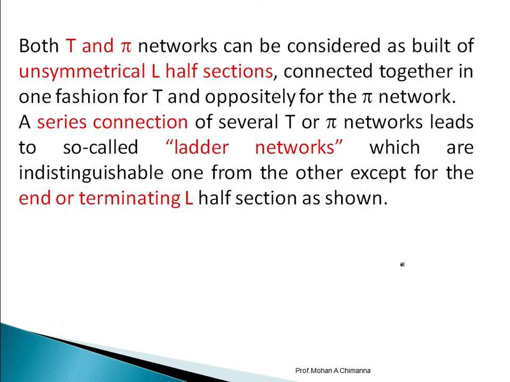Both T and pi networks can be considered as built from unsymmetrical L half sections connected together in the fashion of the T and pi network. Series connection of the T and pi network leads to a ladder network, which are indistinguishable from one another except for the end terminating L half sections.